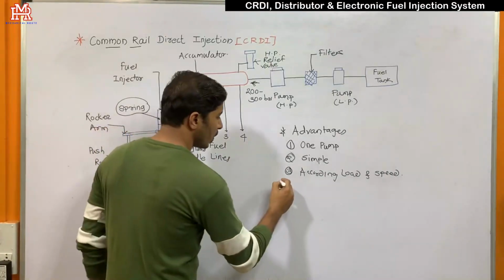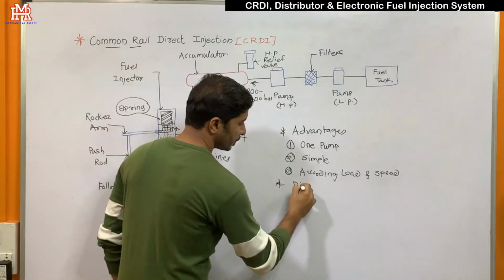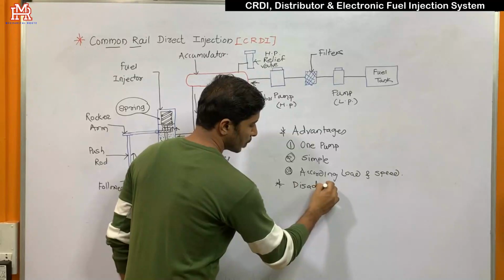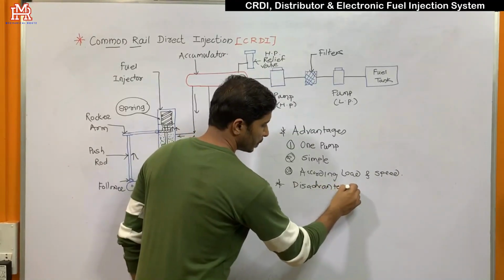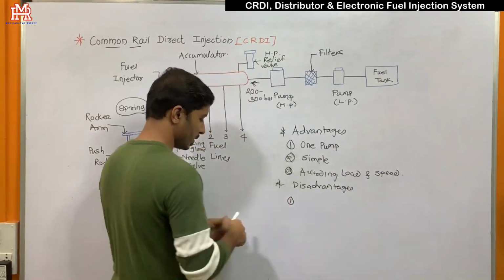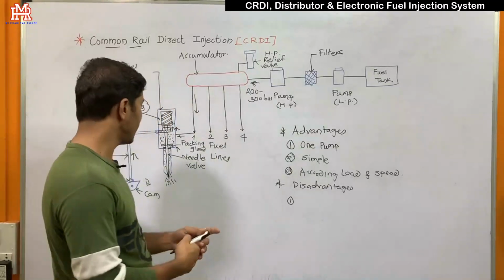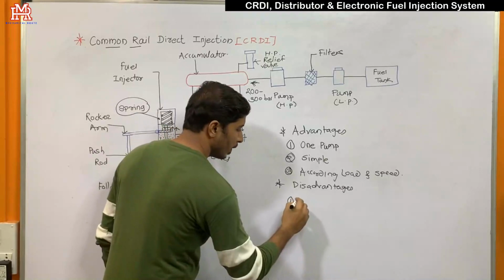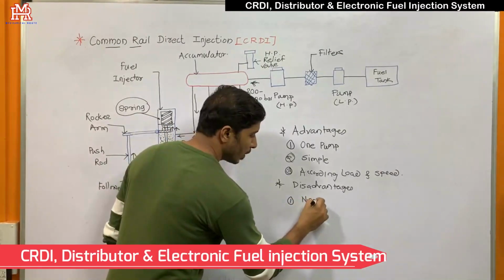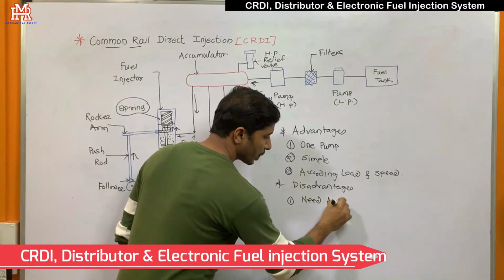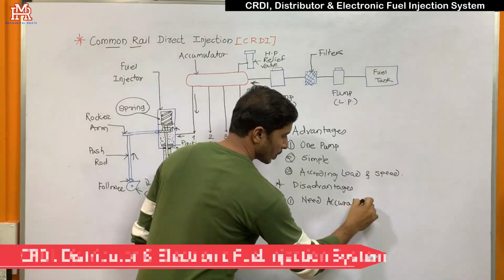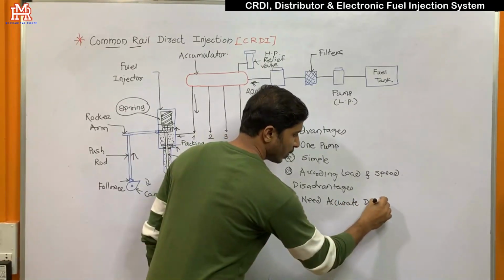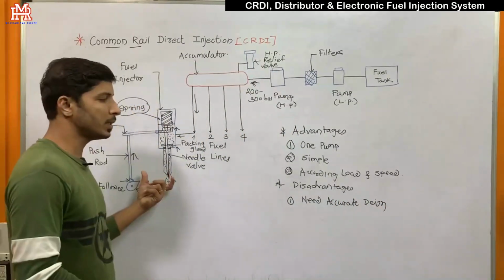And now we'll move towards disadvantages. The first disadvantage: at the time of design of this fuel injector which is used in the CRDI, one needs a very accurate design of this fuel injector.